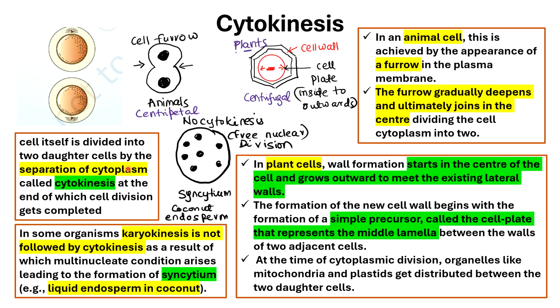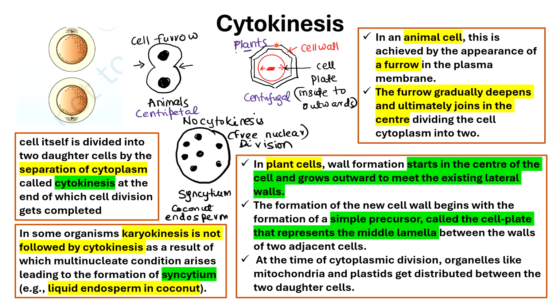That process is called cytokinesis. In animal cells, cytokinesis is achieved by the appearance of a furrow. See, there is a furrow which moves from outside towards the inside. The furrow gradually deepens, ultimately joining in the center to lead to the formation of two daughter cells.